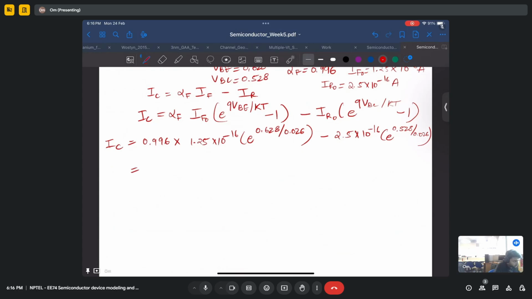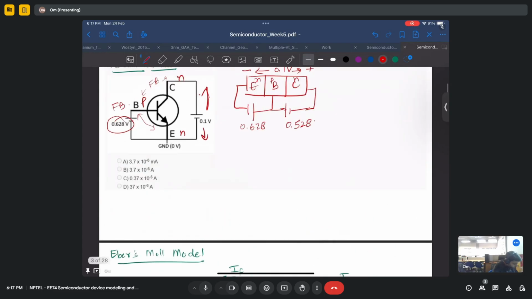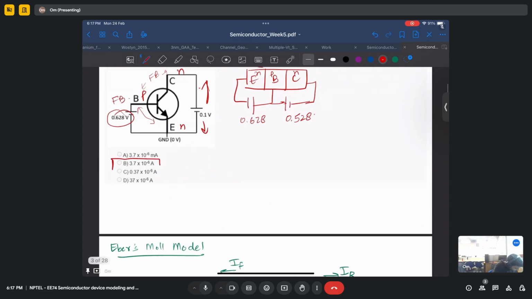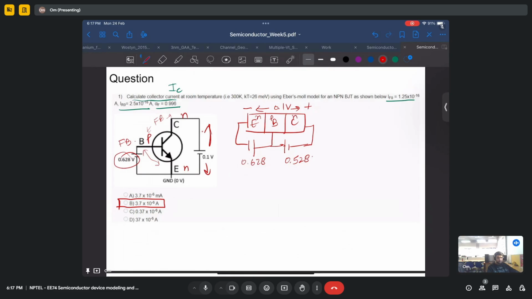So if I solve this, it will be 3.846 e minus 6 minus 1.649 e minus 7, which will be 3.68 e minus 6, approximately 3.7 into 10 to the power minus 6, and so this is the answer for this question of IC, which is in option B. So please go through this question again once, then we'll move on to the next one.